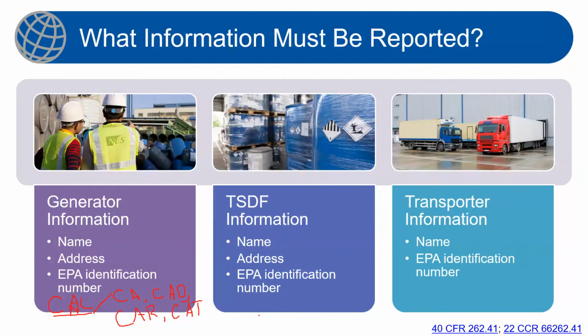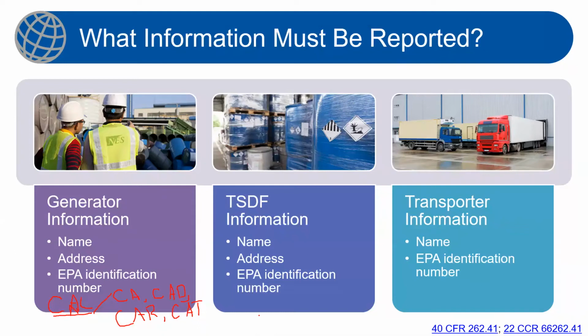What we also have to identify for those RCRA hazardous wastes that we generate is the name, the address, and the ID number where those wastes were sent to be treated, stored, or disposed of. And we are also required to identify transporter information.